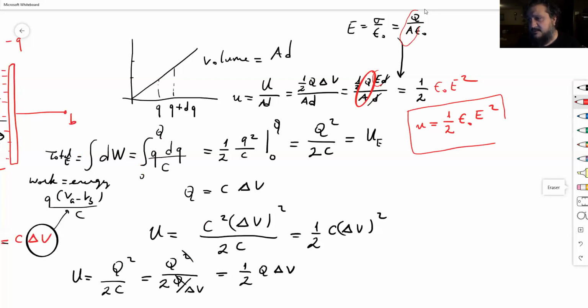And maybe you're already guessing it's actually more general than capacitors, right? Because there's no A, there's no D there. It only depends on the permittivity of the free space and the electric field there, okay? Right now in this room, there's electric fields.